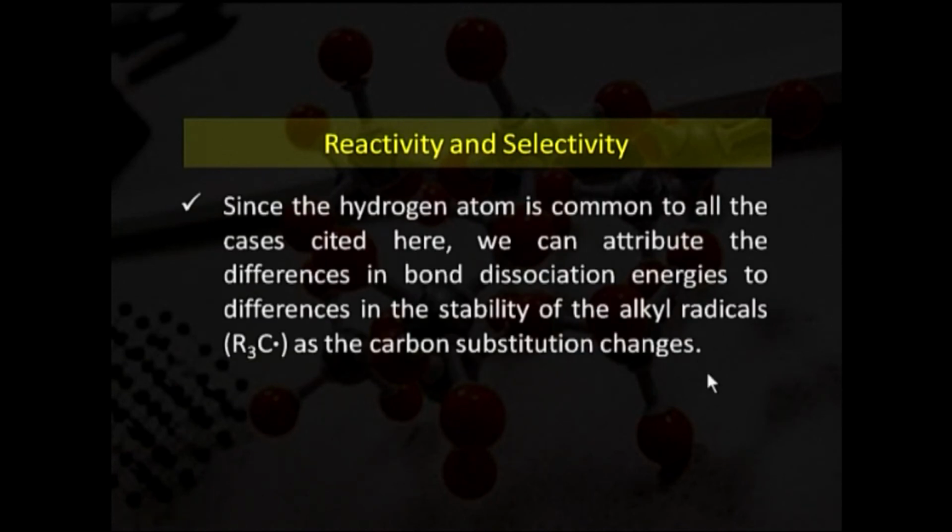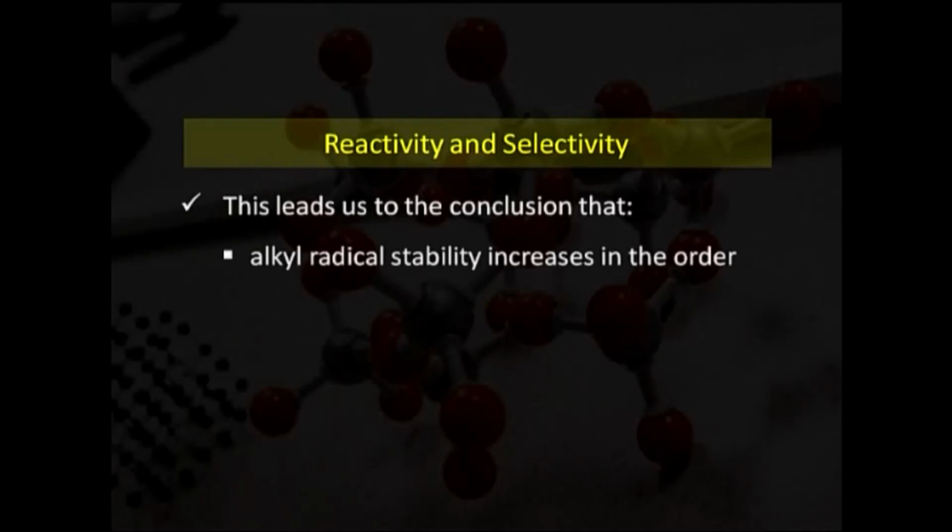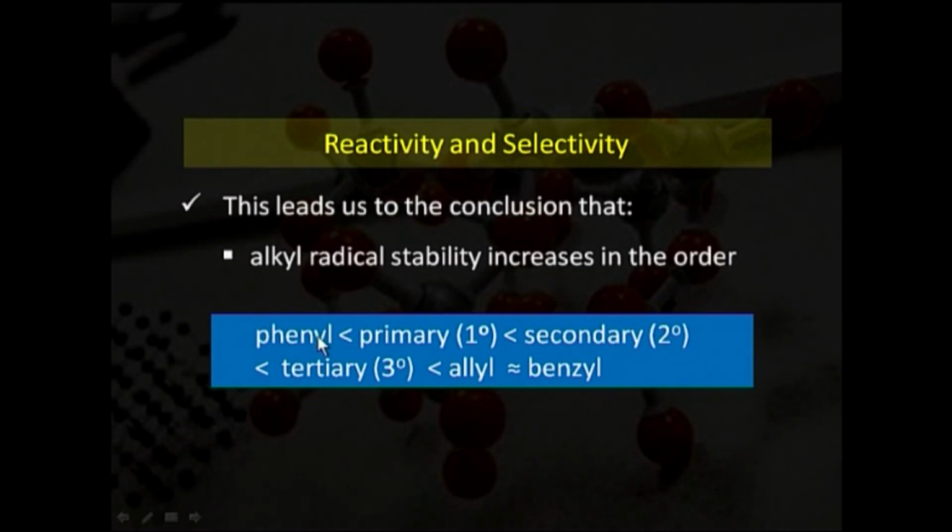Since the hydrogen atom is common to all the cases cited here, we can attribute the differences in bond dissociation energies to differences in the stability of alkyl radicals as the carbon substitution changes. So, this leads us to the conclusion that alkyl radical stability increases in the order: methyl is lower than primary, which is lower than secondary, which is lower than tertiary, while allyl is similar to benzyl in stability.